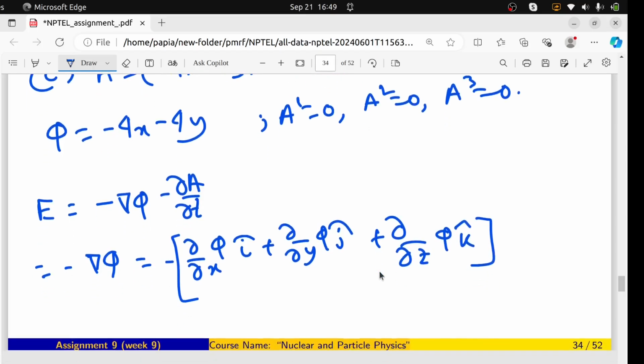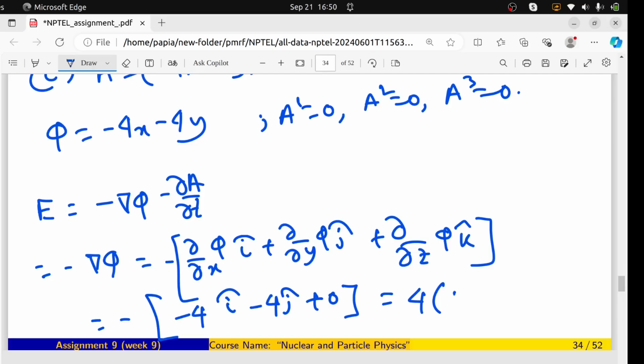Phi was minus 4x minus 4y, so with respect to x only it will survive, so it is minus 4 i cap. With respect to y only it will survive, so it will be minus 4 j cap, and with respect to z it will not survive, so that is 0. So the answer will be 4 times i cap plus j cap. Then you can see that this is again the correct one, whatever we want.